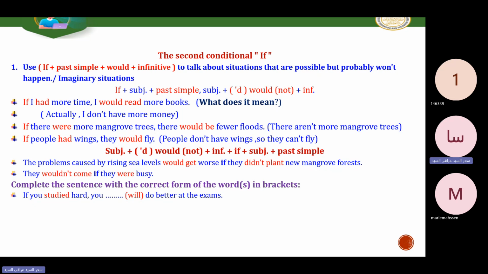So if this sentence was followed by "studies", we can use "will". But here we have "studied", past simple. Of course, the second sentence should be "would" plus an infinitive. So if you studied hard, you would or could do better at the exams. Okay.